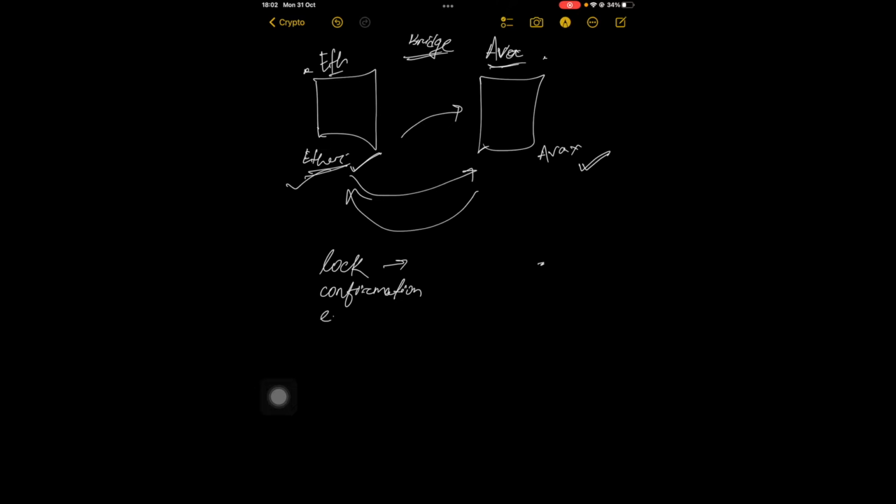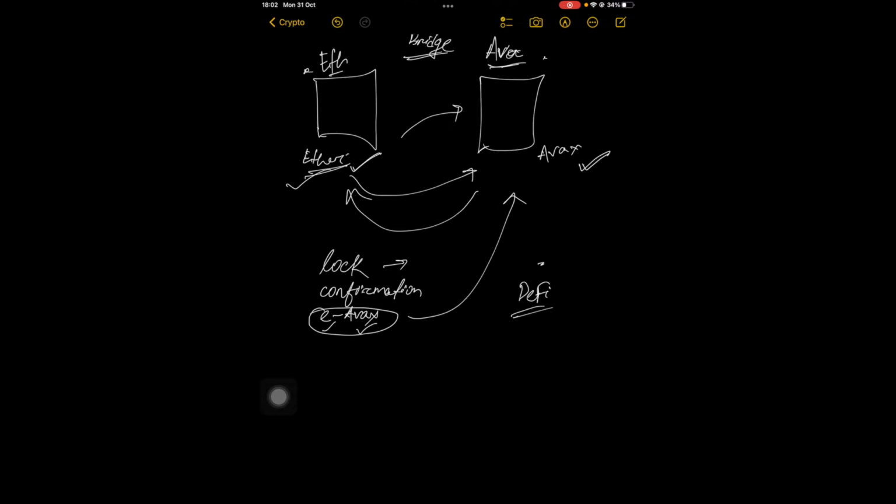Let's call it eAVAX, Ethereum that exists inside the Avalanche network. I'll be given an equivalent amount of eAVAX, which I can use to take part in the DeFi applications in the Avalanche network.